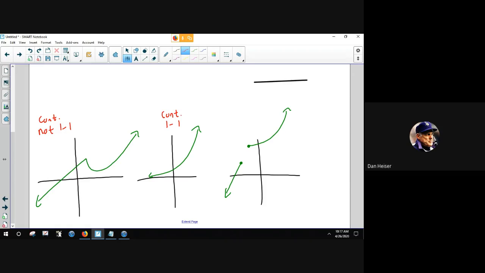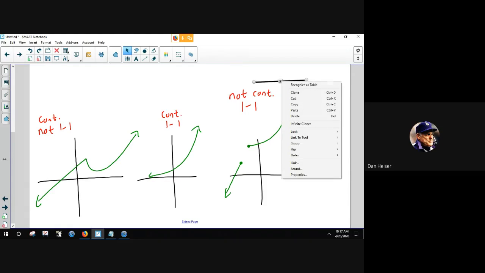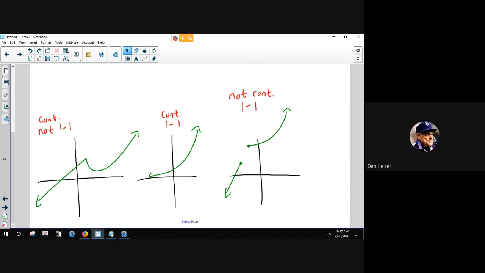So it is 1-to-1, only now it's not continuous. I'm going to take my horizontal line with me for the next page. So a 1-to-1 function does not have to be continuous. And a continuous function does not have to be 1-to-1.